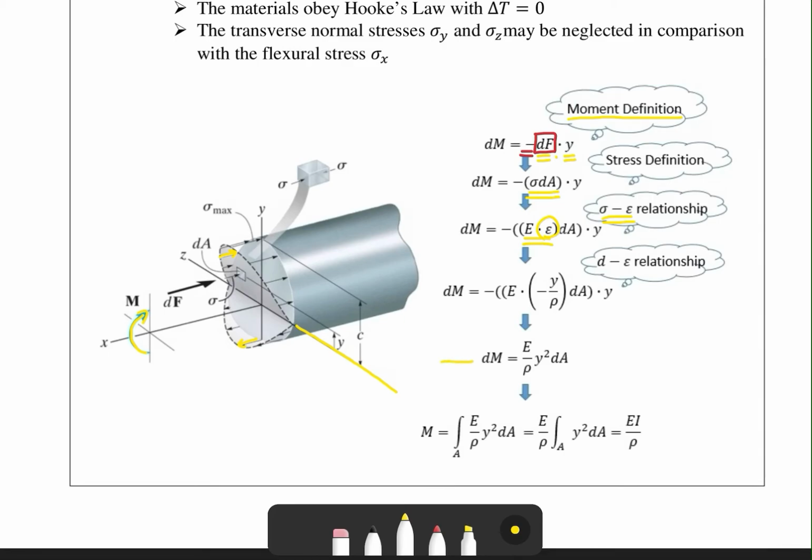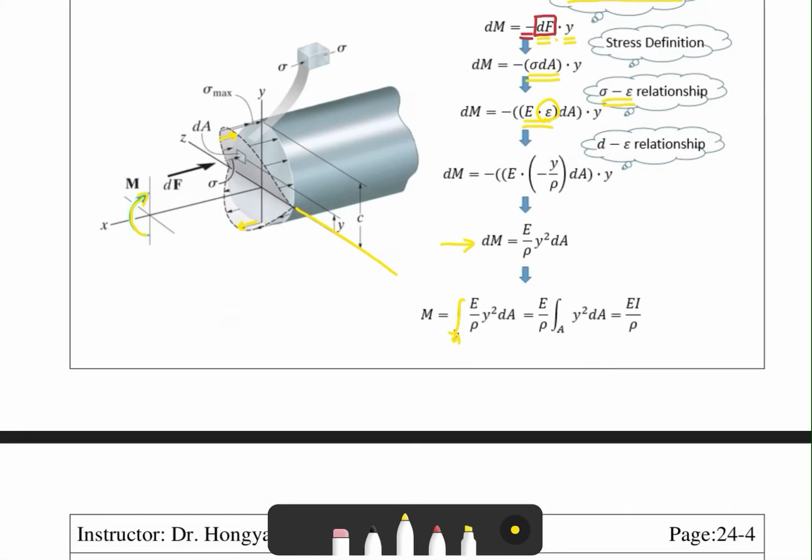Eventually, we are going to have the differential moment equal to E over rho times y squared dA. In order to find the total moment, we have to integrate over the whole area. After this, we should be able to find the total moment. It will be EI over rho.